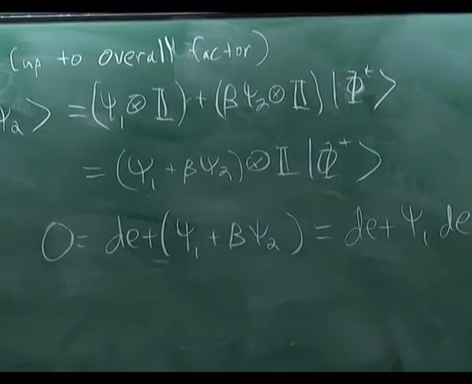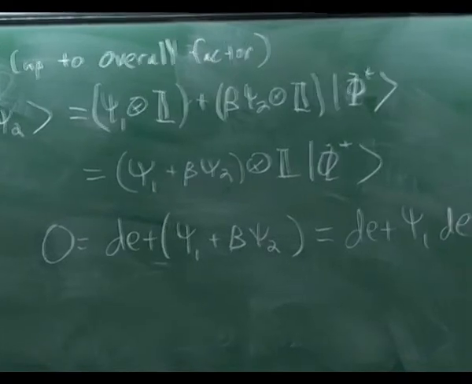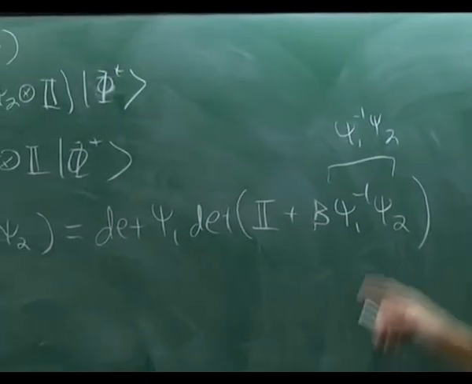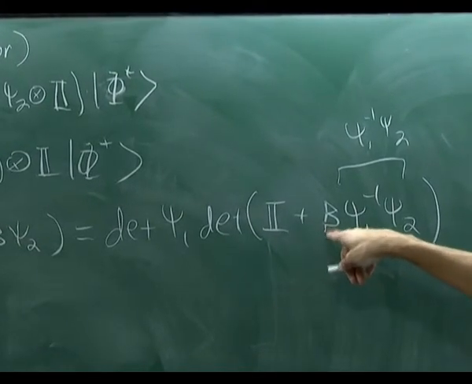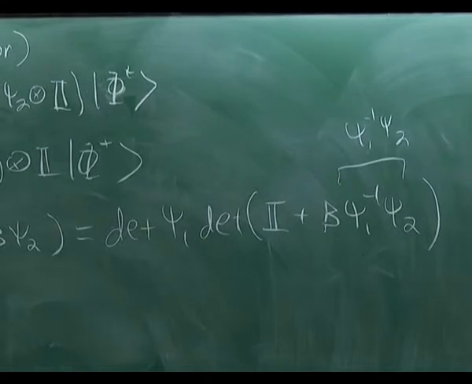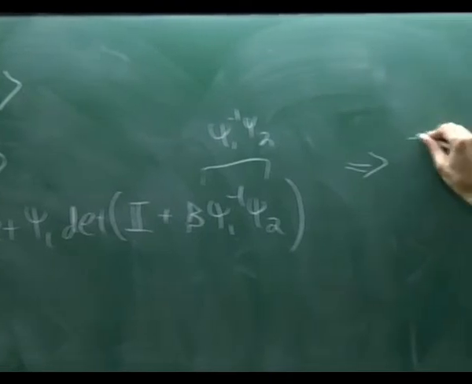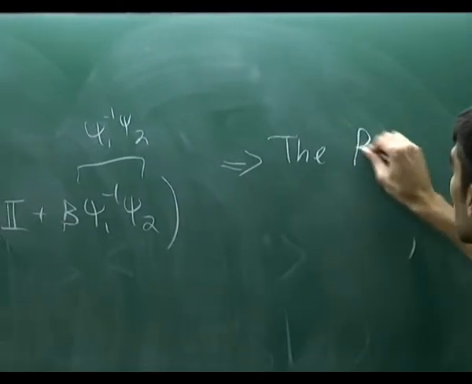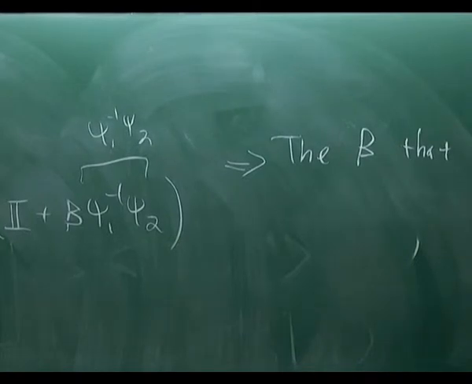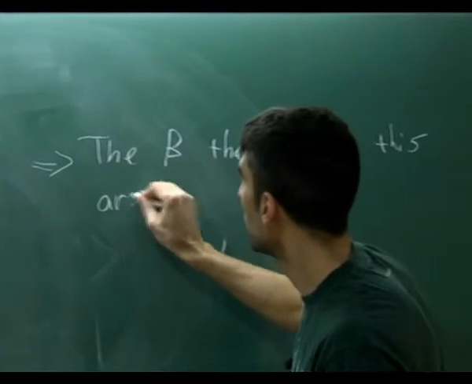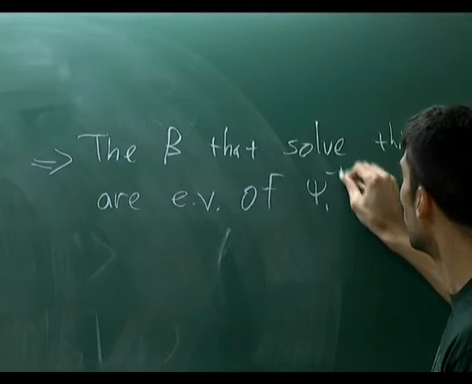So the observation here is that this is just the characteristic equation for psi 1 inverse psi 2, and the beta that solve this are the eigenvalues of psi 1 inverse psi 2.